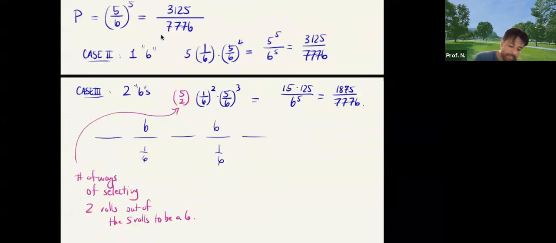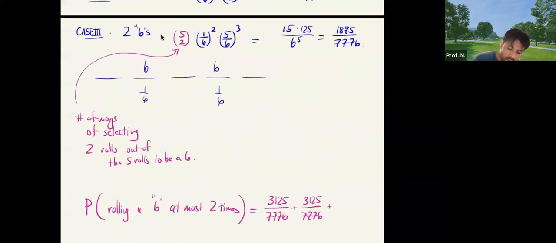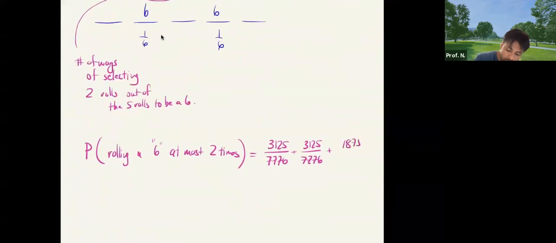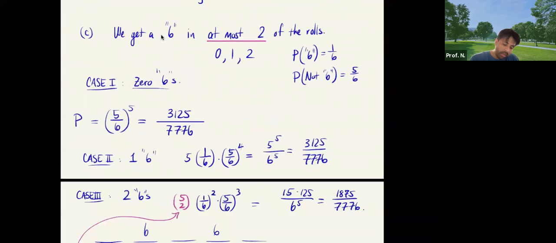It's going to be 3125 over 7776 plus 3125 over 7776 plus 1875 over 7776. So if you do that, what happens? 3125. One.